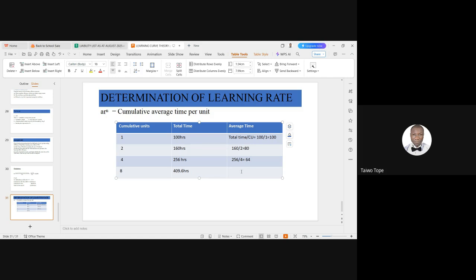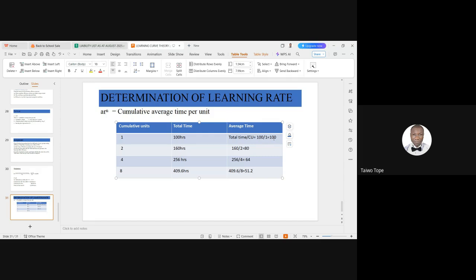When you have a cumulative unit of 8 and the total time is 409.6 hours, 409.6 divided by 8, you have 51.2. What do you observe in relation to the average time? You can see a decrease from 100 to 80, from 80 to 64, from 64 to 51.2.